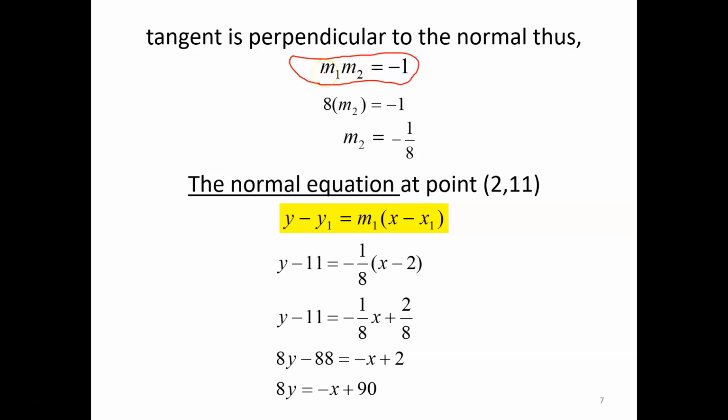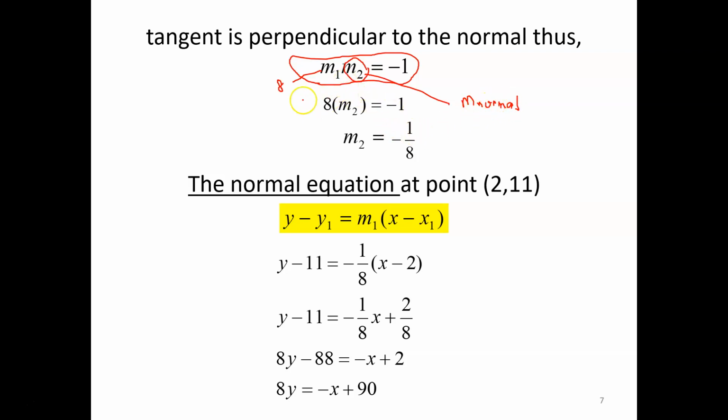m1 is the one you got just now, which is equal to 8. This m1 is the gradient for the tangent, and this is the gradient for the normal.